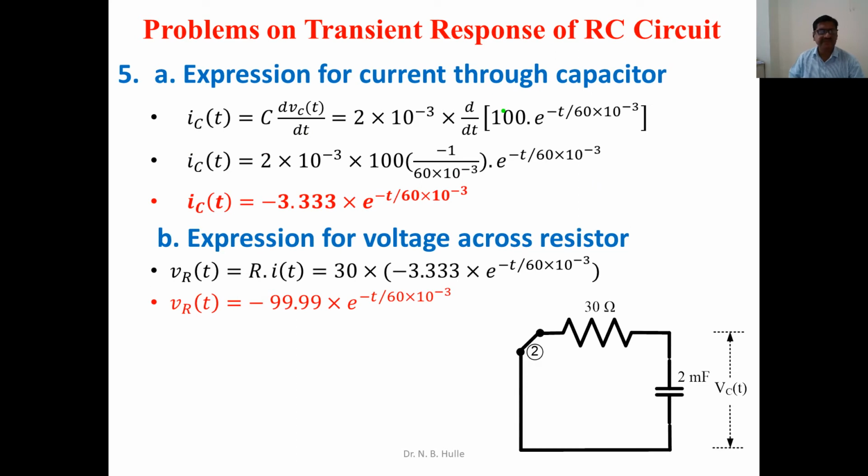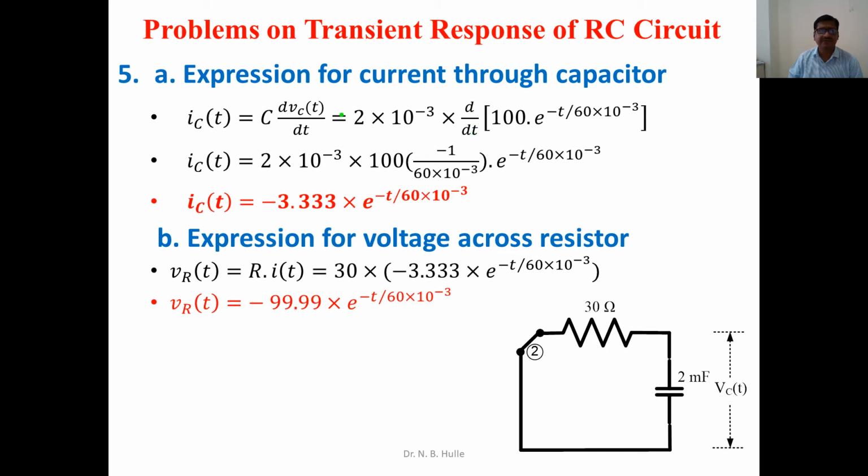Finally, the last point is the expression for the current through the capacitor. The current flowing through the capacitor is C dV/dt, that is C times dVc(t)/dt. C is a constant, 2 × 10^-3, that is 2 millifarad.